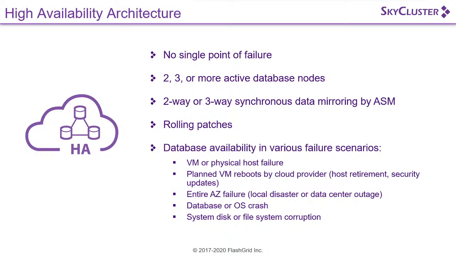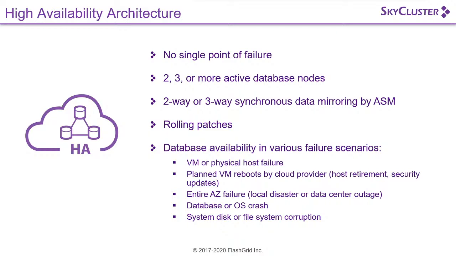And of course, this HA architecture protects you against such unexpected failure scenarios that could be just a virtual machine or a physical host failure. It could actually be planned virtual machine reboots that are done by Azure when they need to retire the physical host or maybe apply some security updates.